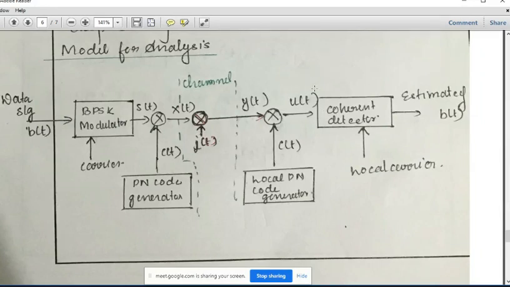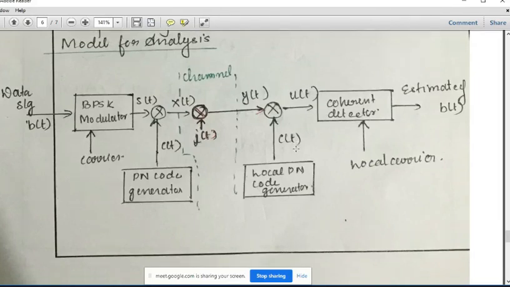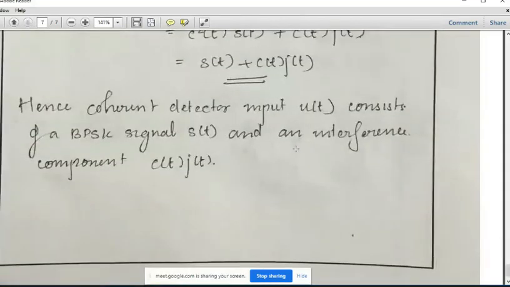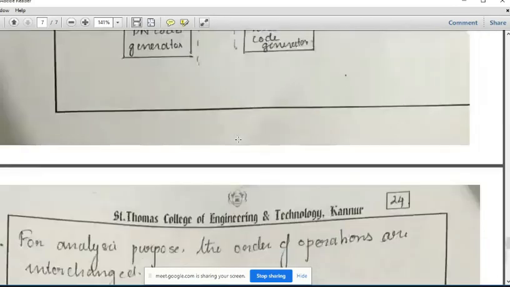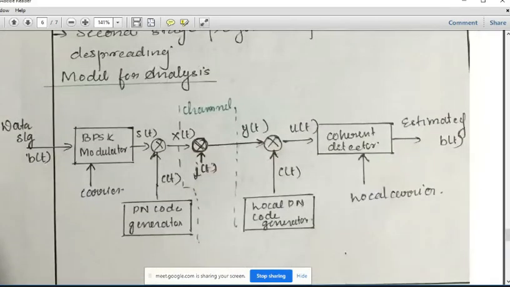This despreaded signal is nothing but Y of T into C of T. So this is the despreaded signal equation, U of T. This U of T is S of T plus C of T into J of T. This S of T is the BPSK signal, and this BPSK signal is given to a coherent detector with a local carrier, and at the output of the coherent detector we get the estimate of B of T. That is our transmitted data signal, B of T. So I hope it's clear.